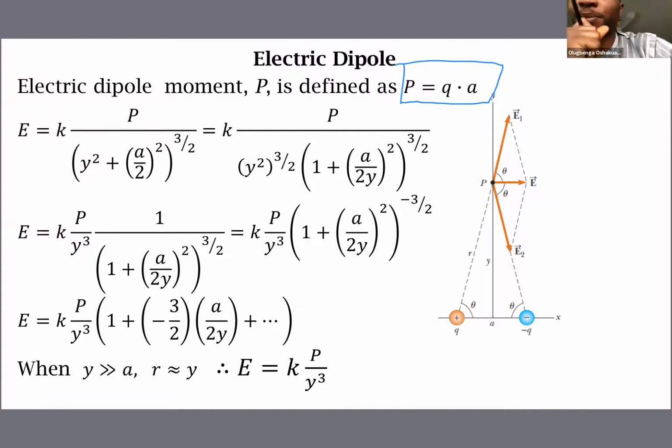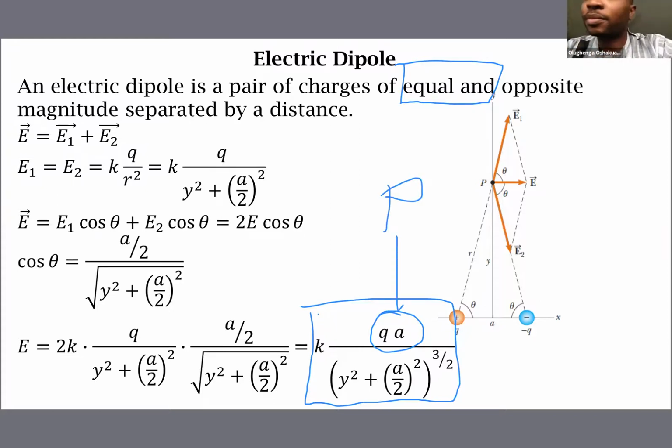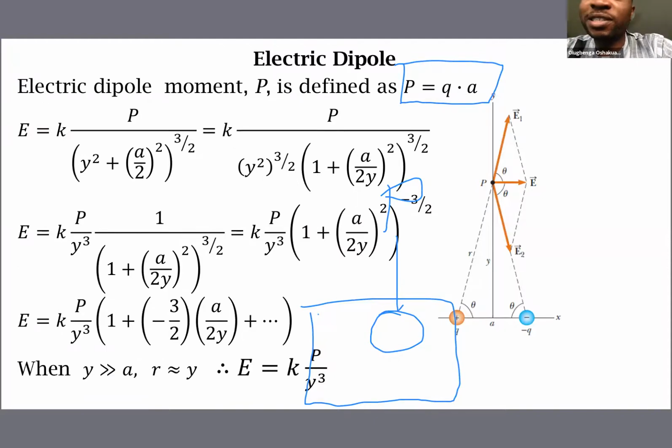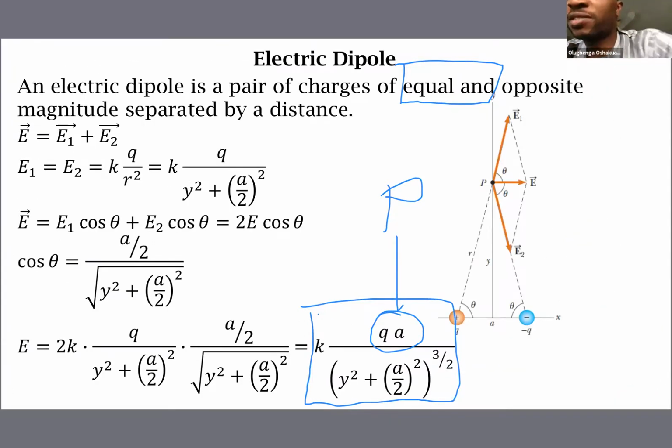So let's move forward. From the previous slide, we had our E defined as this. And when you look at this, QA is what we have just defined to be P. So moving forward, we can replace the QA by the dipole moment.